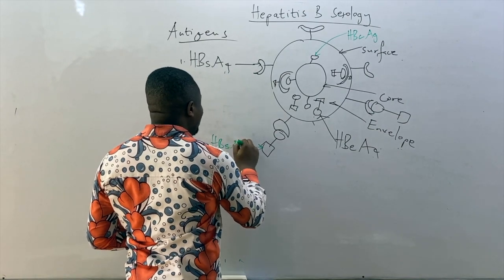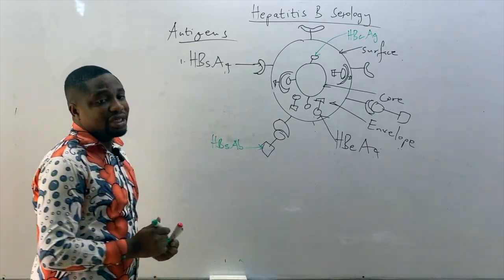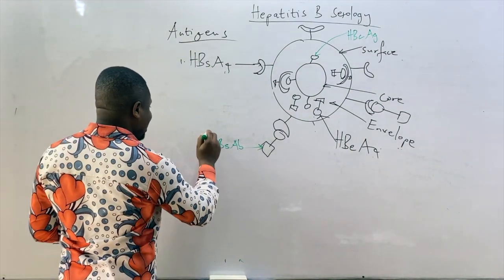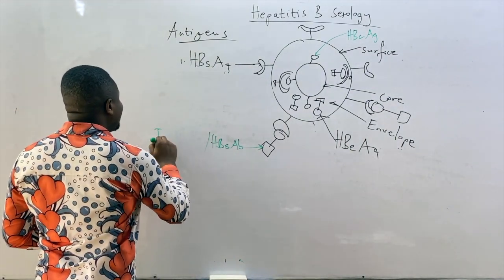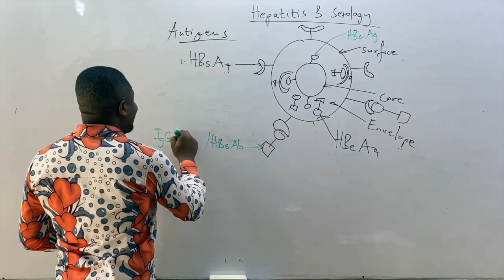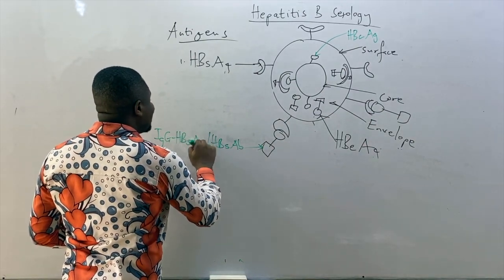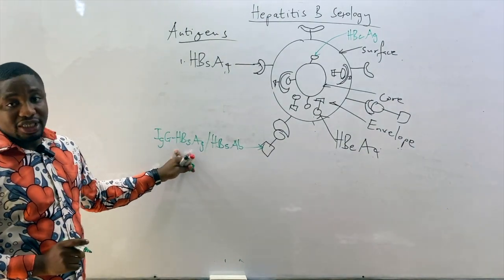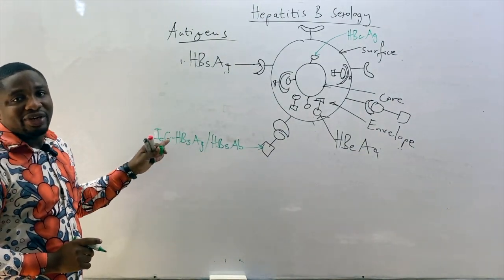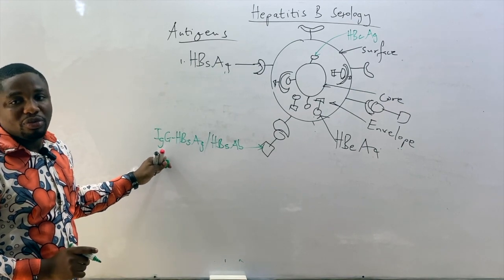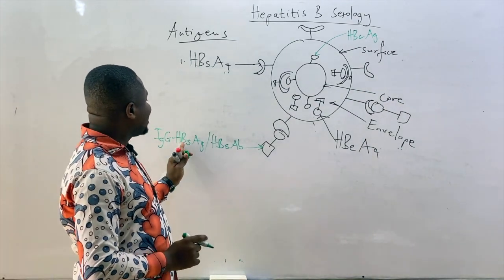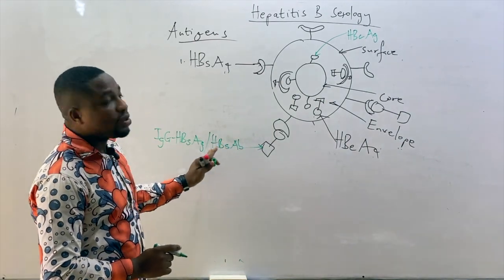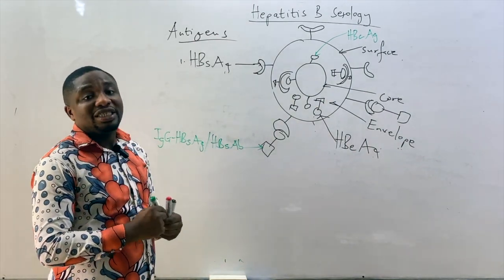surface antibody. But there are several ways to represent this. Another way is by saying immunoglobulin G against hepatitis B surface antigen. Immunoglobulin refers to an antibody, so immunoglobulin G against hepatitis B surface antigen is also considered the hepatitis B surface antibody.